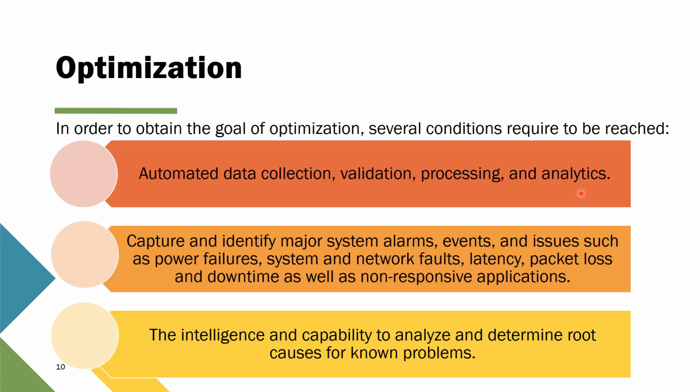Okay, so as we see already in the previous elements of features and functions in the operational domain, this is one of the things that is very important, where the system that is created for this industry using the IIoT is supposed to have the intelligence and capability to analyze and determine the cause of the problem, so that we will be able to take steps to solve the problem before it happens, or before it becomes a problem to that industry.